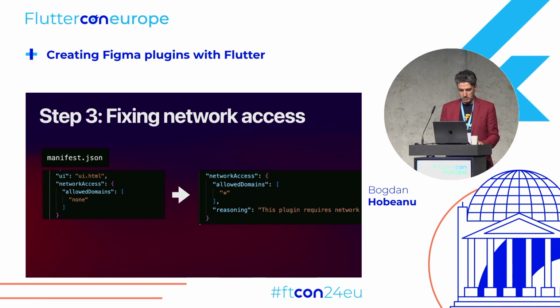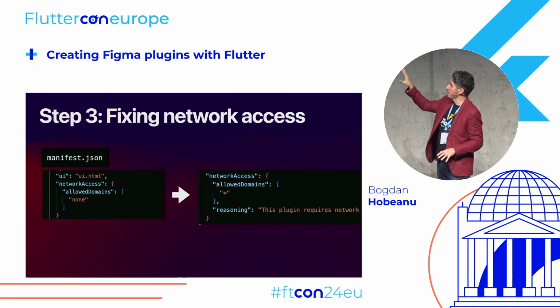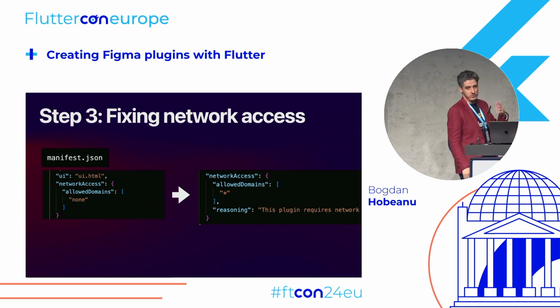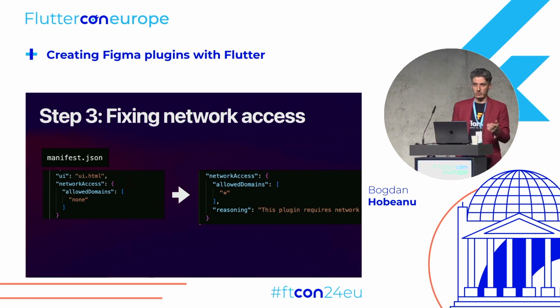So in that manifest.json file, this is how it looks when you first create the Figma plugin. Allow domains value is none, and we would like to get it to a star and provide a reasoning for it. Otherwise, Figma won't allow us to load URLs or any content from outside our plugin.